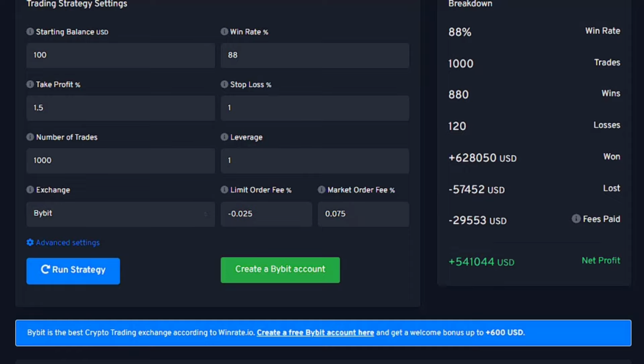By no means will the real-time outcome be the same, but these results highlight the potential profitability of this approach, provided it's executed with discipline and diligence.